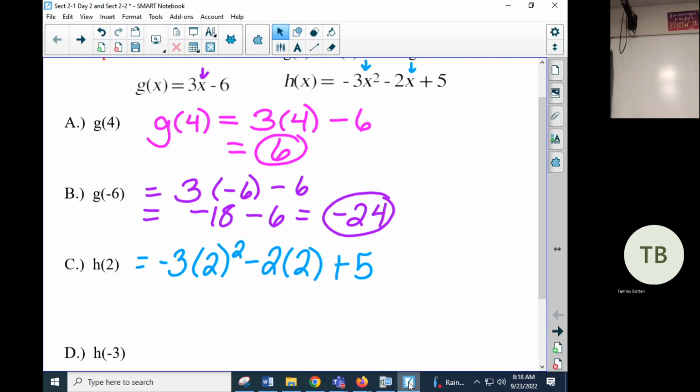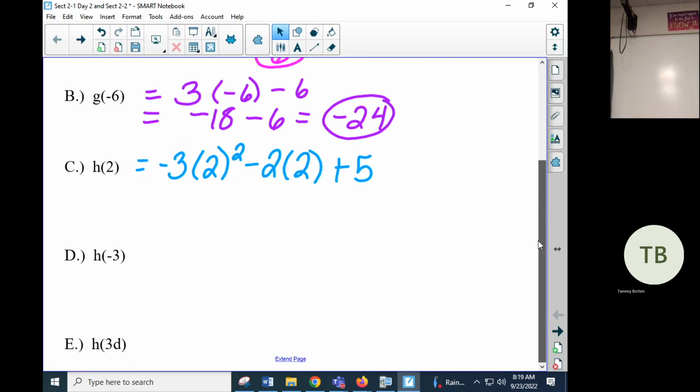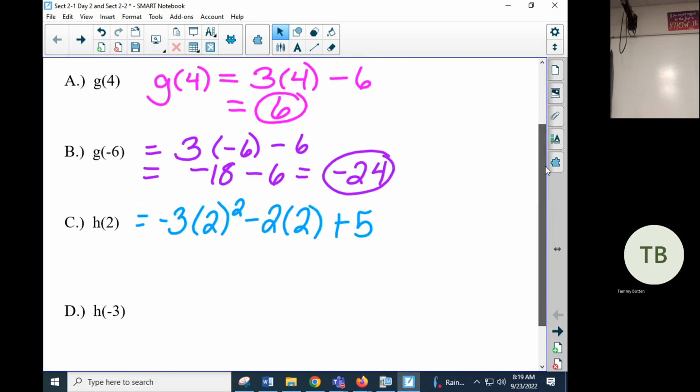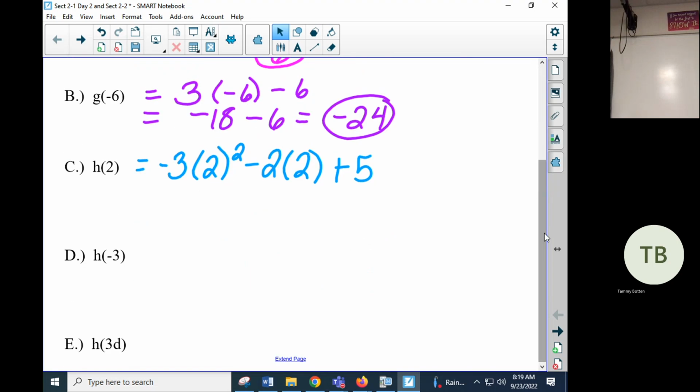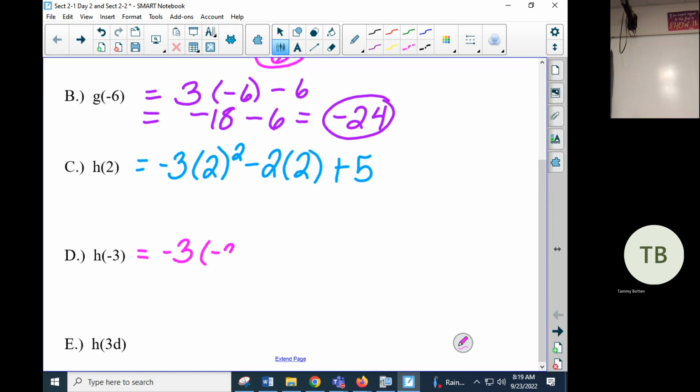All right, so now when you have h of -3, it does matter how you put that into your calculator. So when you put it in here, you want to put the -3 in parentheses. So this is going to look like this. You're going to have -3 just from the function. And then they want you to put -3 in for x, so it would be -3 squared.